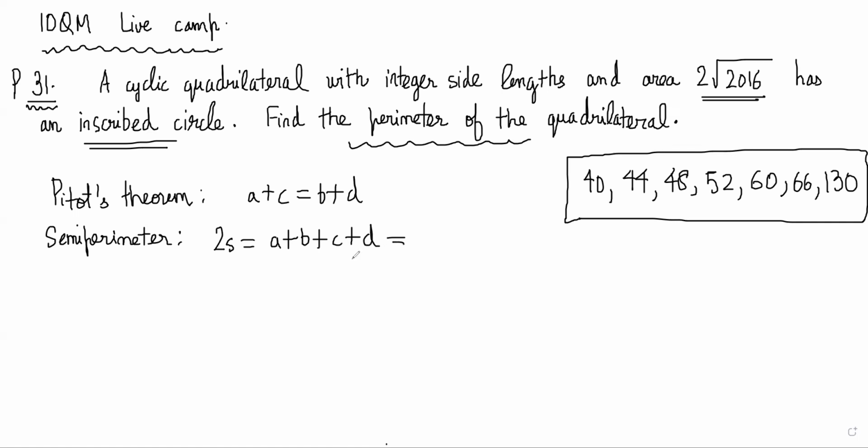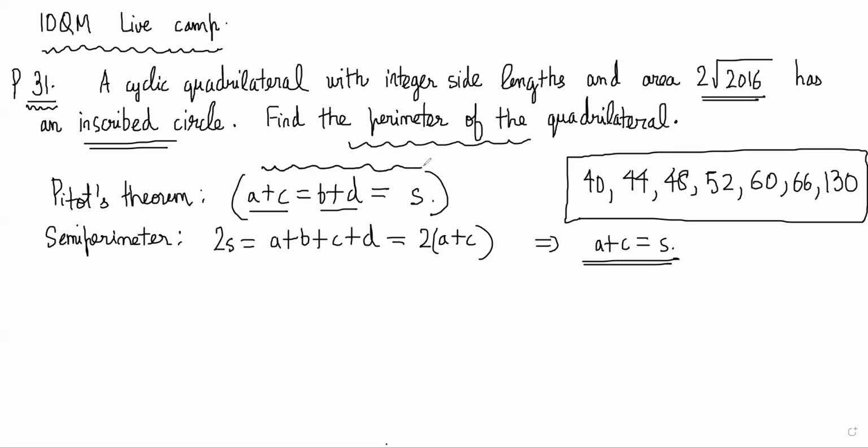So A plus C and B plus D are equal, so this is twice A plus C. So what we get is A plus C is equal to B plus D is equal to S. I hope everybody is understanding what I'm saying.